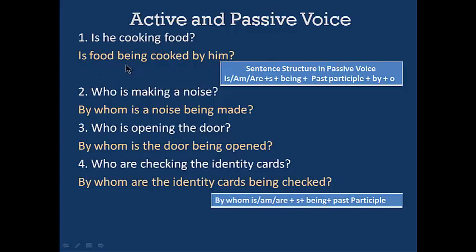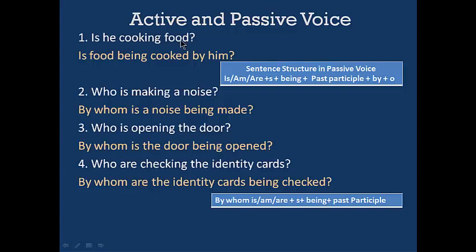If you have any difficulty converting interrogative sentences into passive voice, it's better that you think of it in affirmative. For example, let me just say he is cooking food.